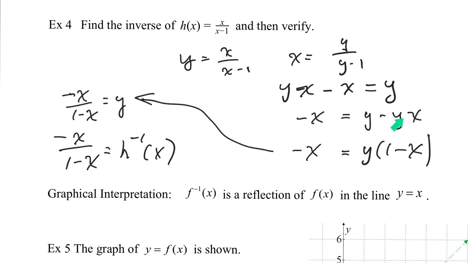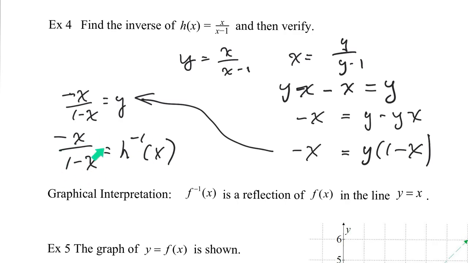So I took this value over here, and y times 1 minus x, or y minus yx, is equal to negative x. So I subtracted this yx over here, then I factored out the y, and then I divided and solved for y. So h inverse of x is equal to negative x over 1 minus x.